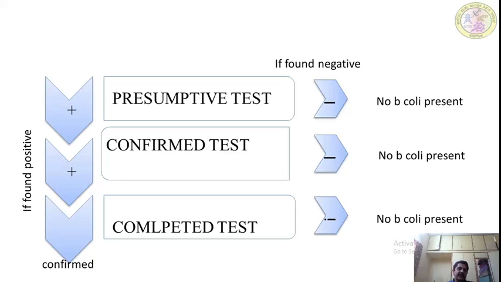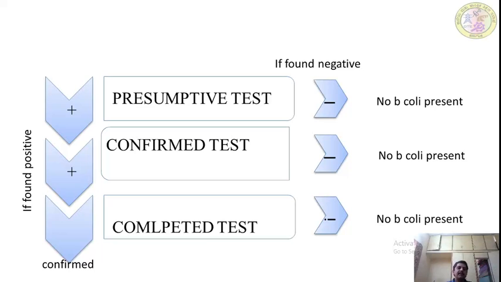If a positive result comes, that is, if E. coli bacteria are present in the presumptive test, then this sample is taken for the second test, that is the confirmed test. If the result is negative, that is, no E. coli is present in the sample.